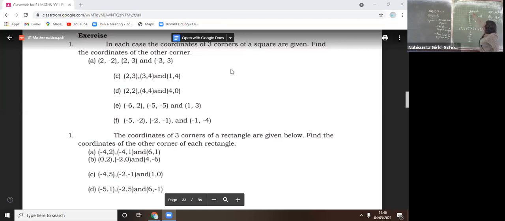When we are drawing the axes and marking, we are using a pencil. But writing, we are using a pen. Is your question answered? Yes, teacher.